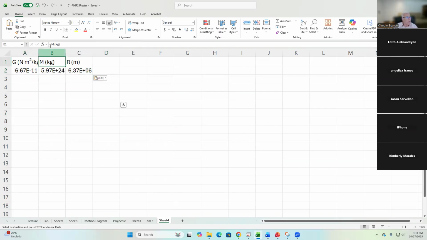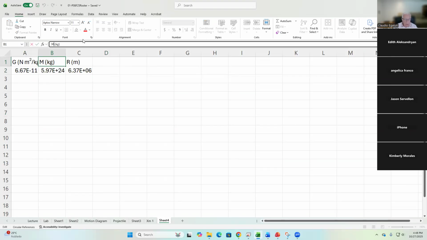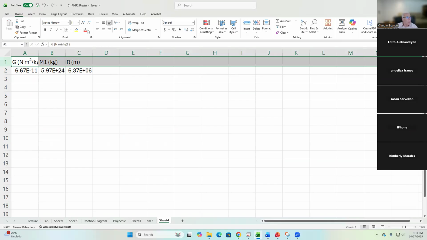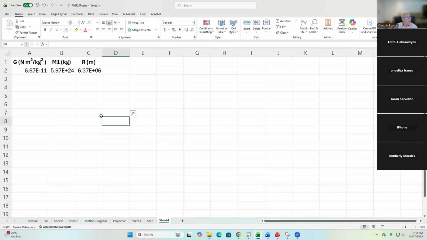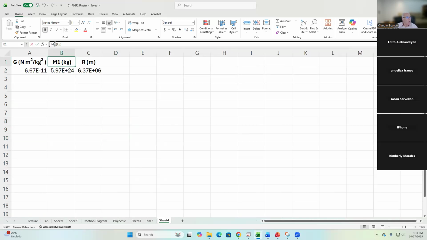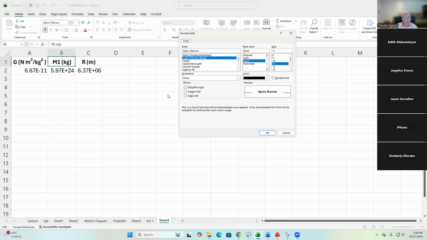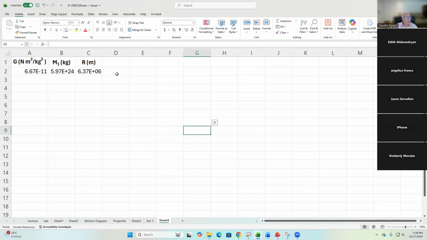Here you go. Put M1 here. Boldface, center. M1, let me subscript that. 2 more minutes to go, radius of the Earth. And now I want to know the orbital velocity of this satellite.